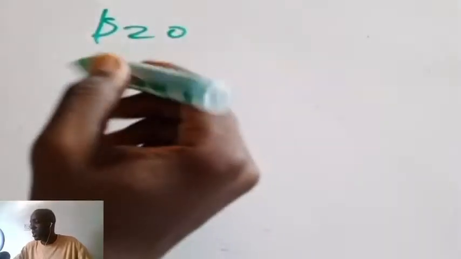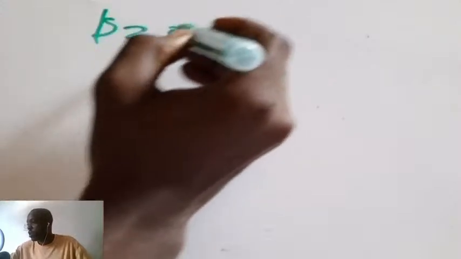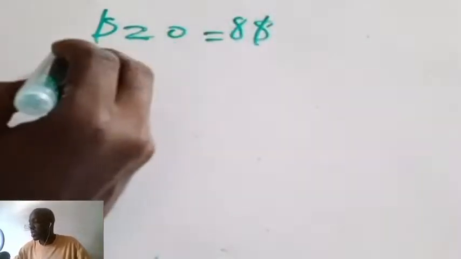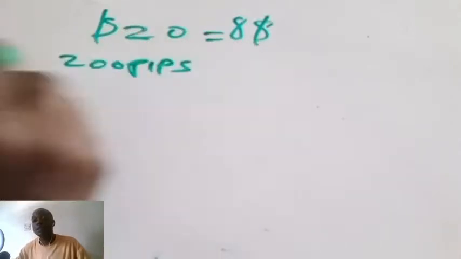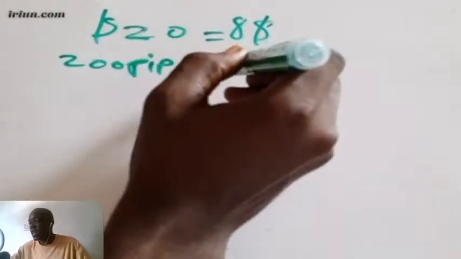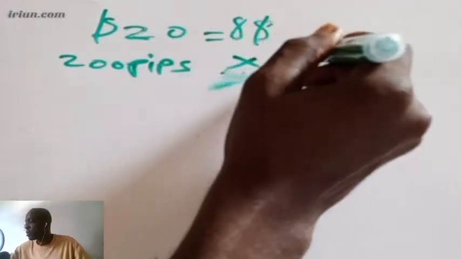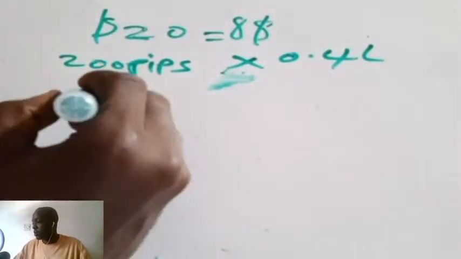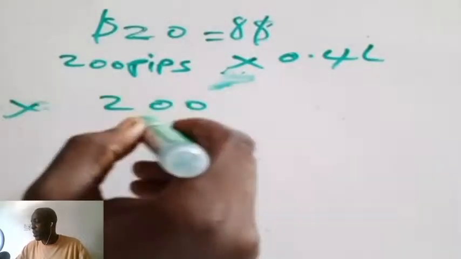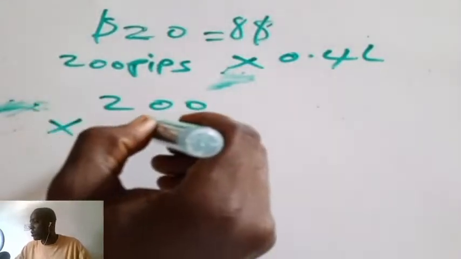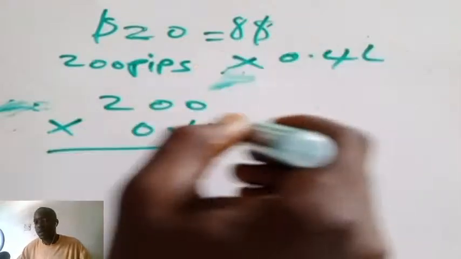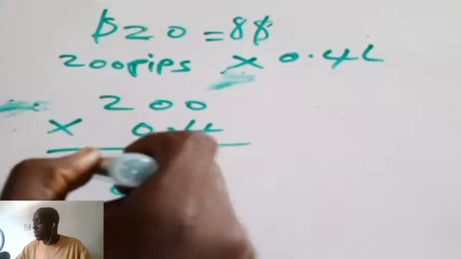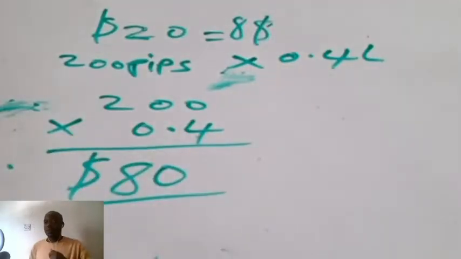If we trade with this $20 capital, we want to risk $8 out of this $20 and take our profit at, let's say, a 200 pips target with 0.4 lot size. So that would be 200 multiplied by 0.4 lot size. That'll be $80.